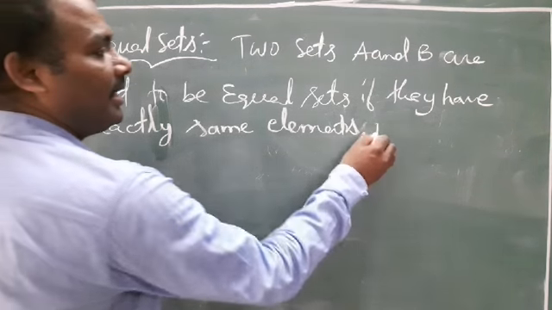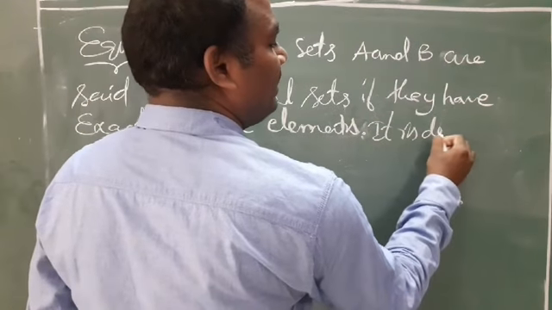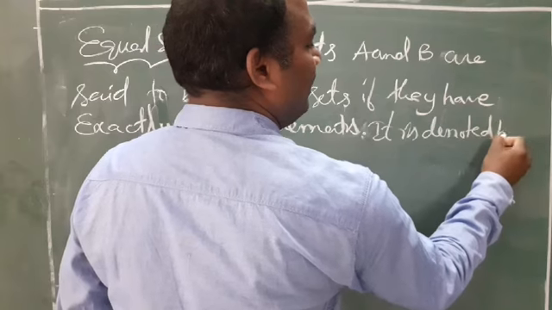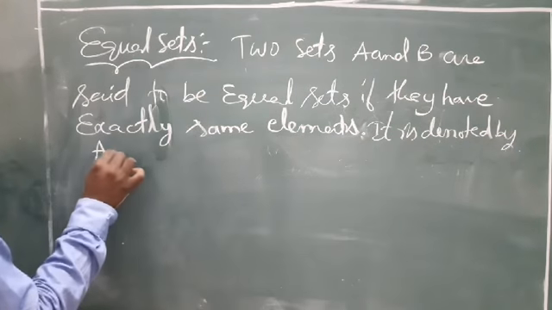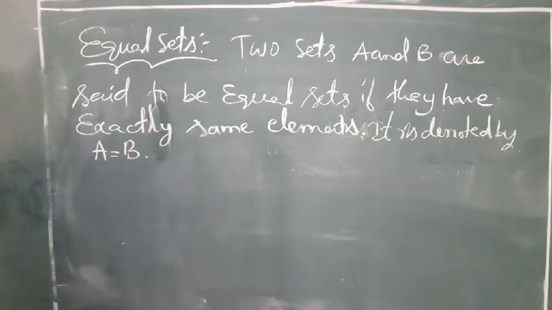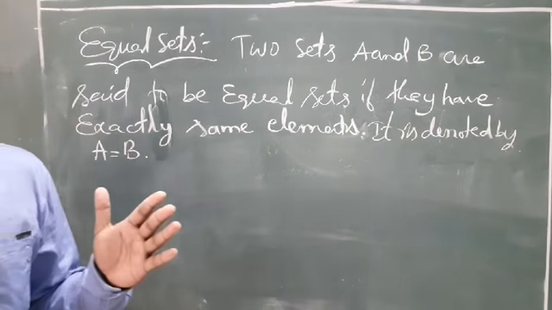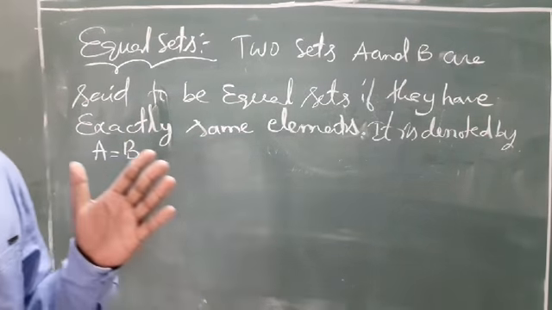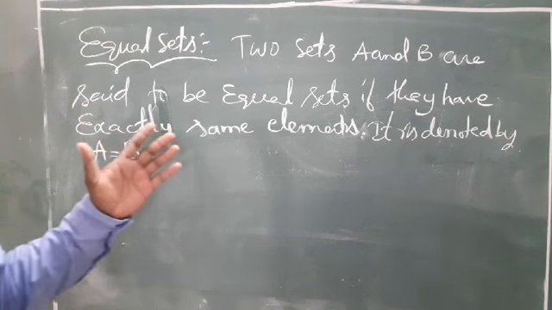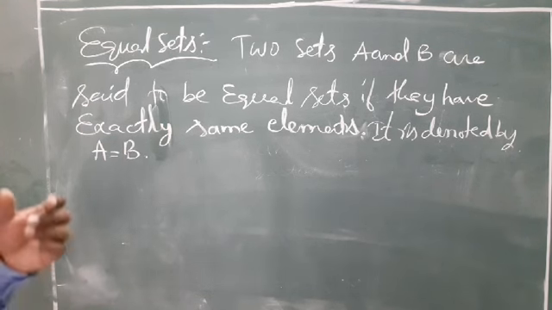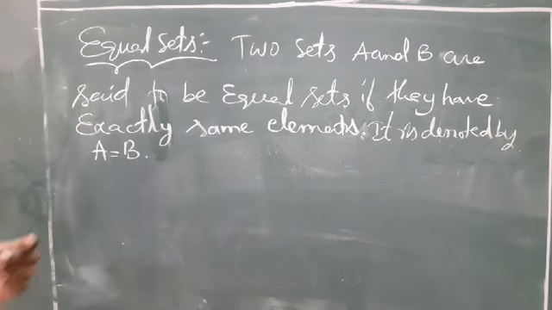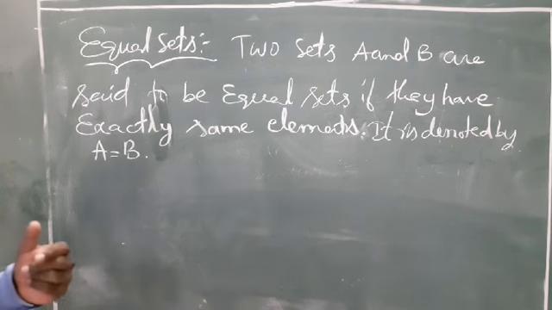It is denoted by A equals B. Understand? Yes, two sets A and B having exactly the same elements are called equal sets. Okay, it is denoted by A equals B.